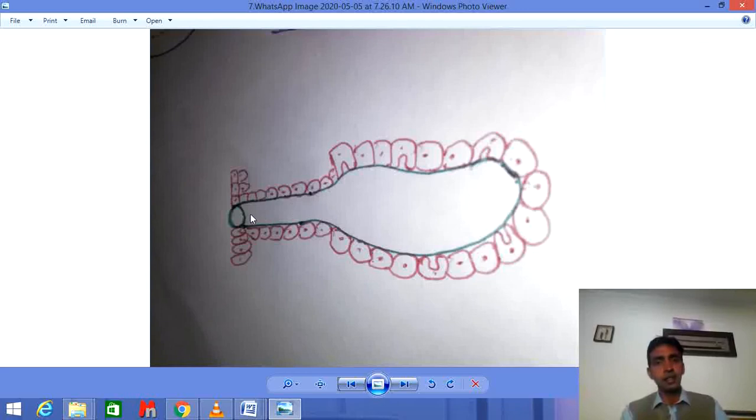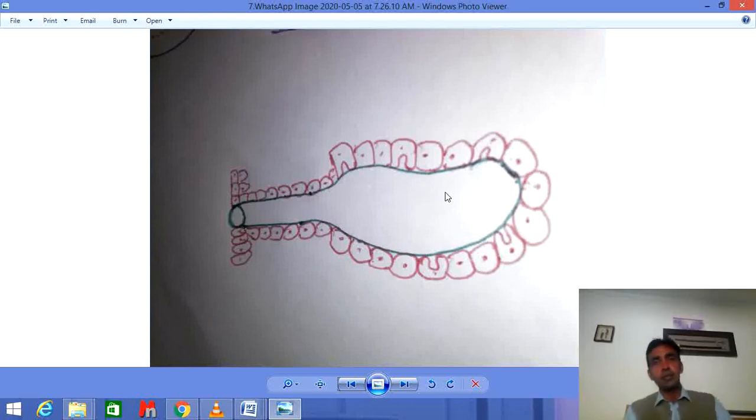This is the gastric pit, and this is the neck of the gastric gland cavity, and this is the gastric gland cavity.